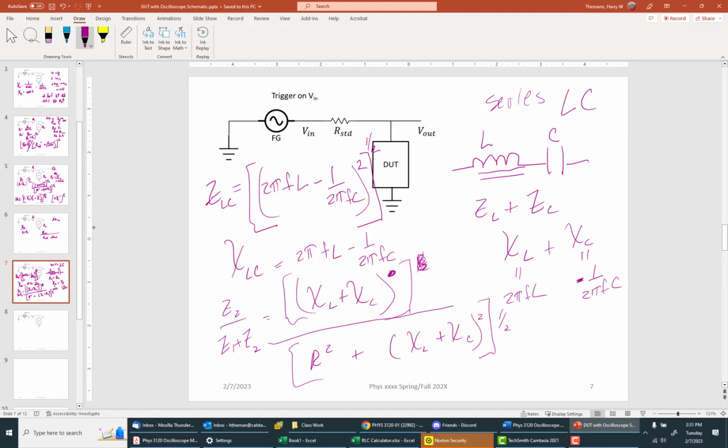Does the denominator of the right-hand side of that equation represent Z1 plus Z2? That's correct. Which part of it is Z1 and which part is Z2? The device under test is always Z2.